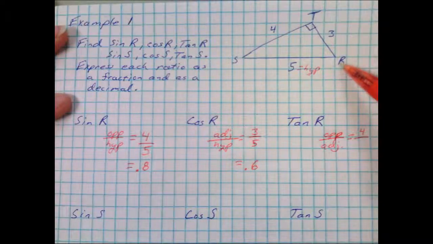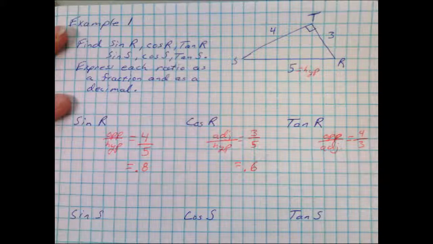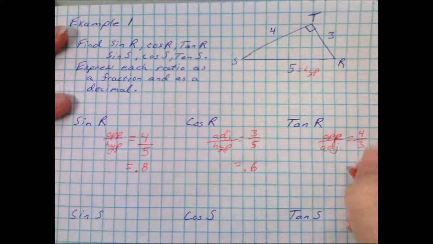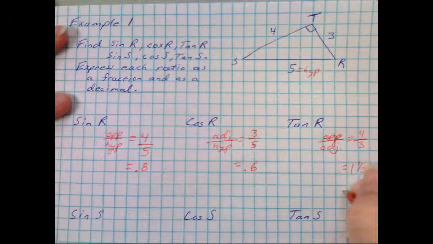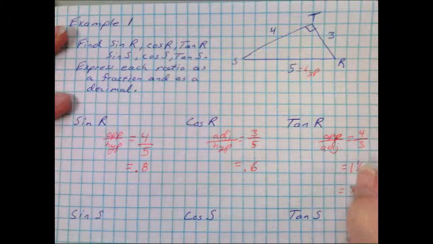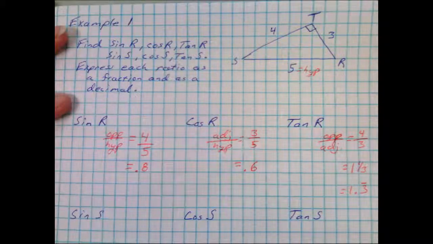My adjacent leg was 3. So 4 over 3. That ends up being 1 and 1/3. We could also write that as 1.3 with the repeating bar over the 3.